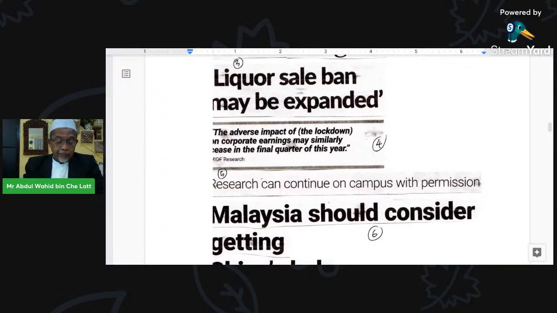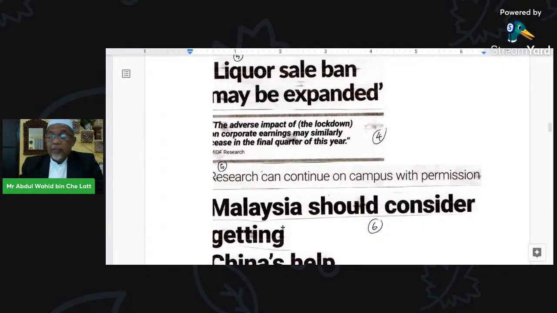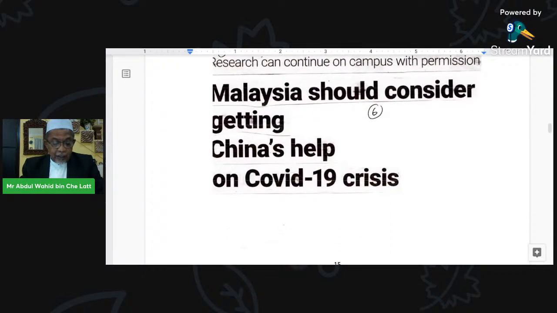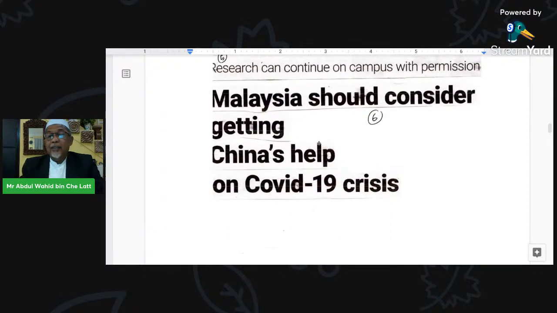Can, a modal, plus continue lexical. So the verb phrase starts with can, a modal. Therefore, the whole sentence is an argument. The last one, Malaysia should consider getting China's help on the COVID-19 crisis. Okay, look at the verb phrase should consider. It starts with the modal should. Therefore, the whole sentence communicates an argument.